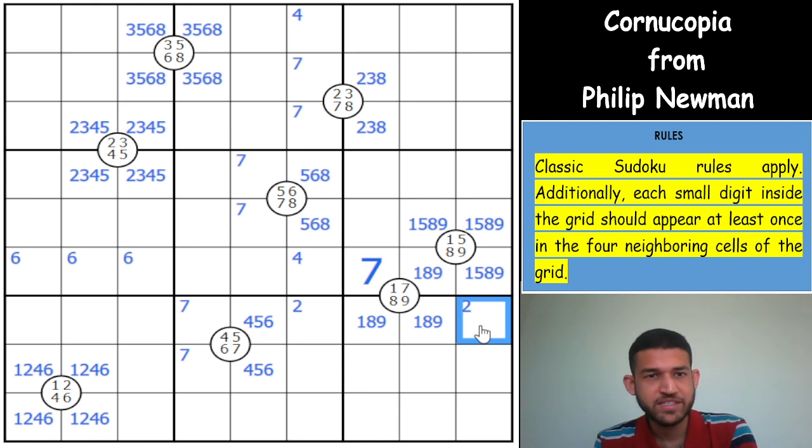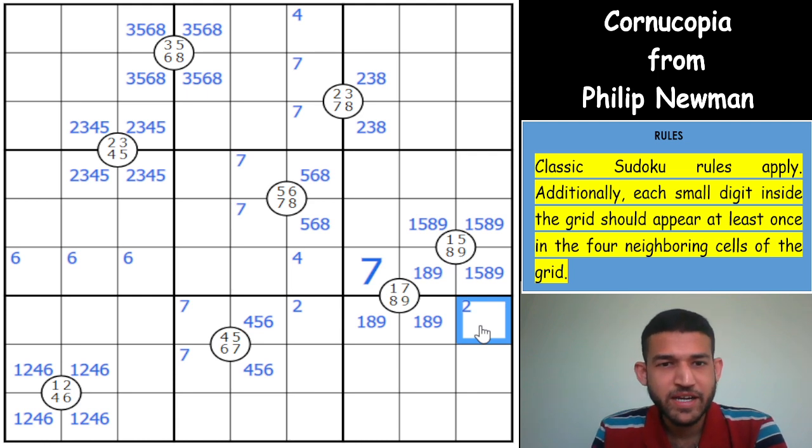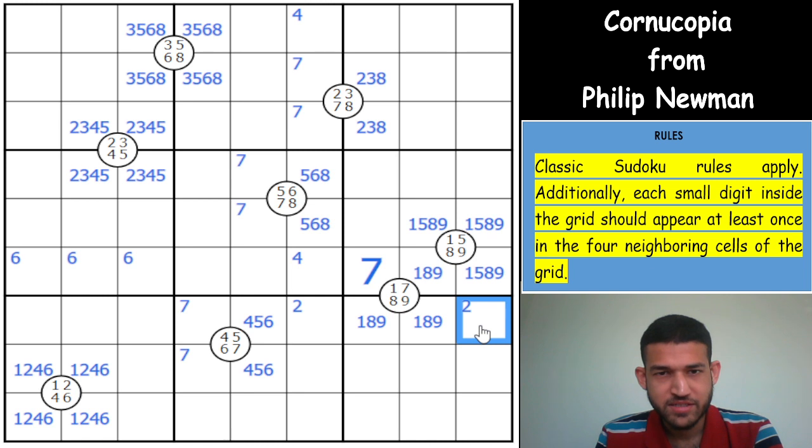Oh, this is strange. Normally these kinds of Sudokus would give a lot of digits at the start, but this one is really strange. We just got one digit, 7, unless I'm missing something very simple here.